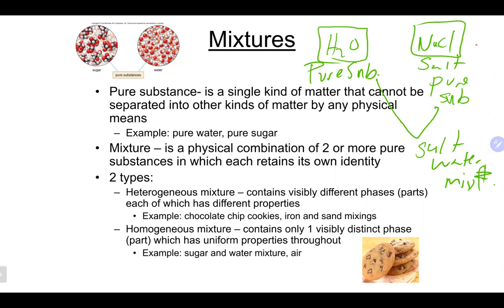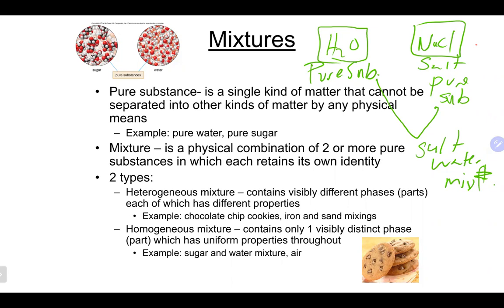Like chocolate chip cookies, where you still see the chocolate chips. If you take some sand and water, you can mix that all day and the sand is never going to go anywhere. You will still see the sand in the water. That is a heterogeneous mixture. Put some metal in water as well, and you'll see the metal, never going to dissolve.